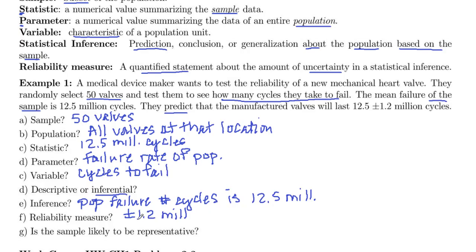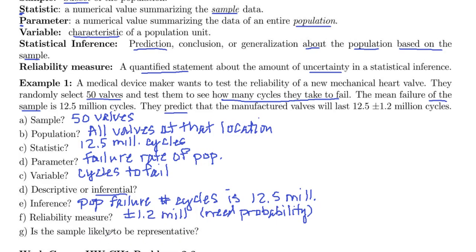But we need a probability, so a reliability that's attached to this 1.2 million. So we need also here the probability of that happening. So we need some numerical measure of how likely that is.